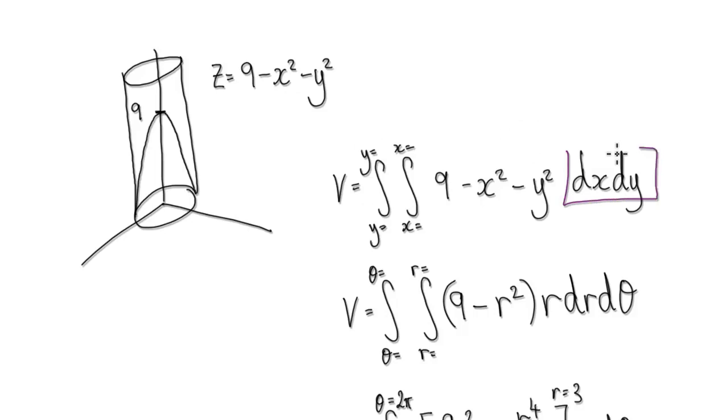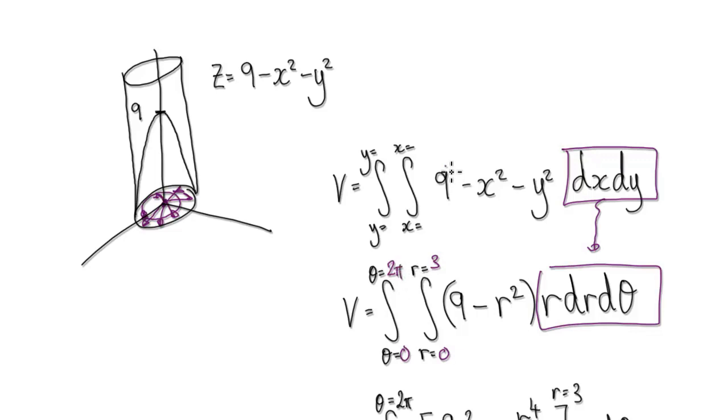So polar coordinates translate Cartesian into polar, and you're integrating from a radius of 0 to a radius of 3, and you're scanning from an angle of 0 all the way around, so 0 to 2 pi, and your surface in polar form would be this.